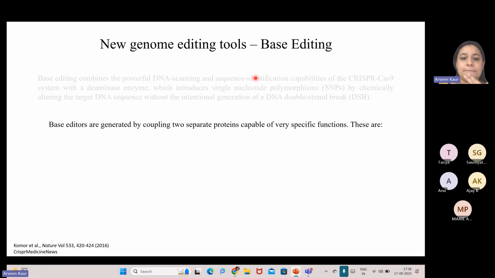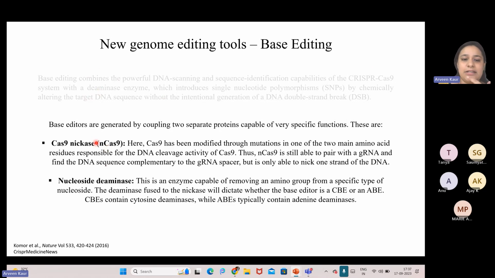How it is done is that base editors generally contain two separate proteins, right? One is a CRISPR-Cas9 related system, and the other is the deaminase enzyme that we talked about. The first is known as Cas9 nickase. Why is it known as Cas9 nickase? Because Cas9 here has been modified through mutations in one of the two amino acids responsible for DNA cleavage activity.